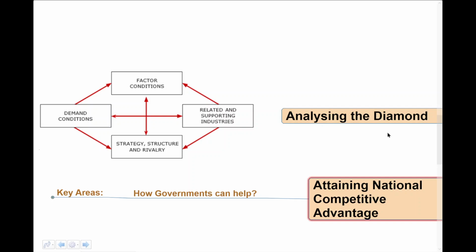Let's bring it back to the exam. As I've mentioned a few times, we're never going to be asked to wheel out Porter's diamond. We're going to be asked for a suitable model.